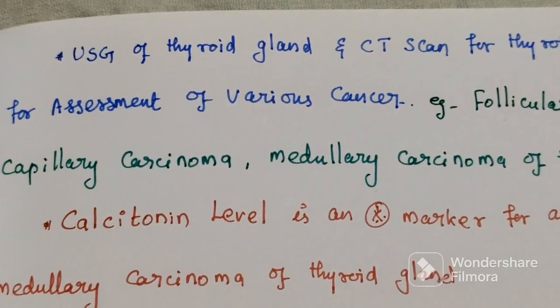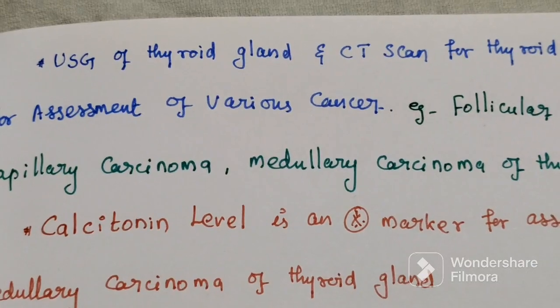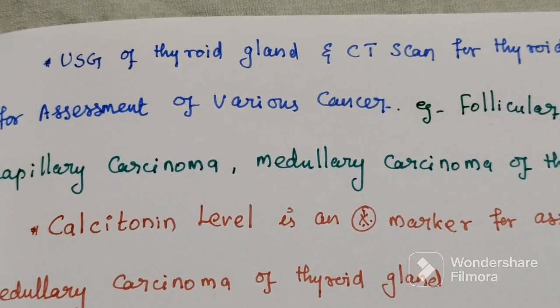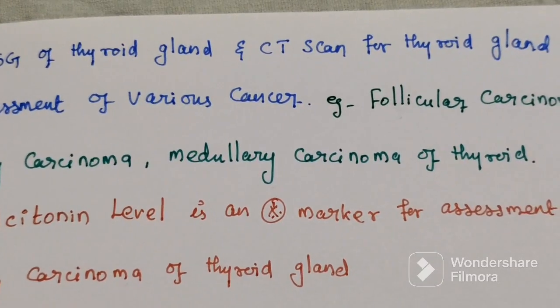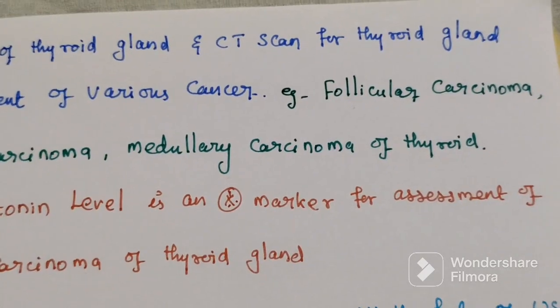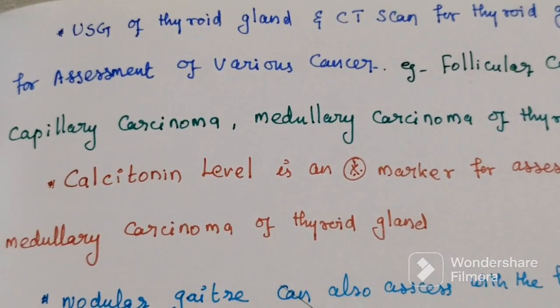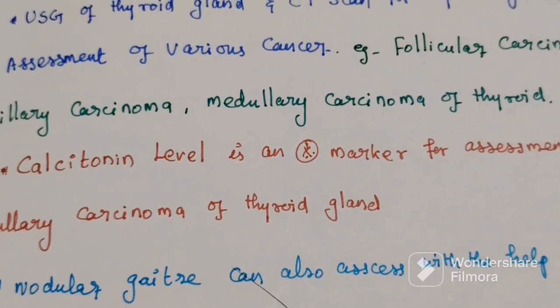Nowadays, non-invasive scans, which include USG of the thyroid gland and color Doppler scan of the thyroid gland, are used for assessment of various cancers: follicular carcinoma, papillary carcinoma, medullary carcinoma of thyroid.